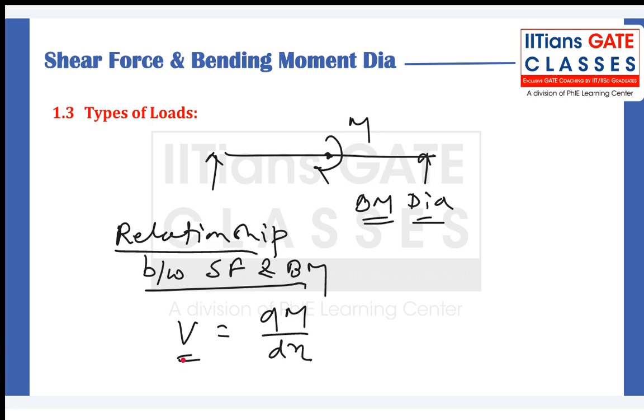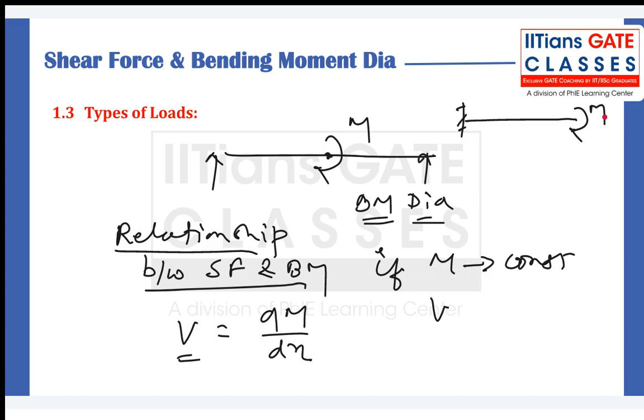So now guys, tell me, if M is constant, what is the shear force? You have a cantilever beam with a point moment. What will be the shear force? V will be 0, right?